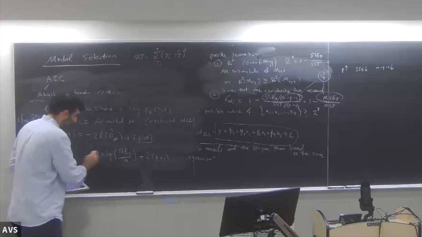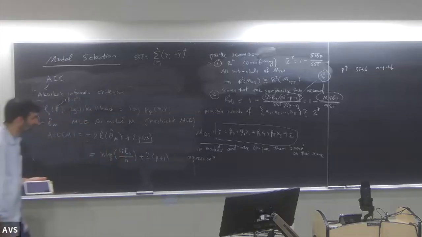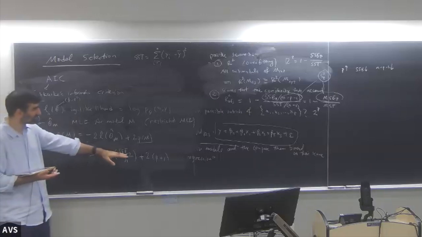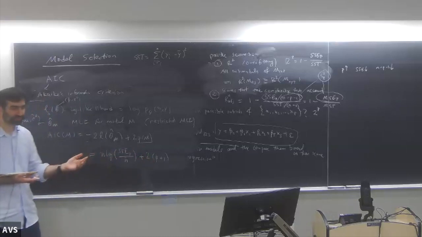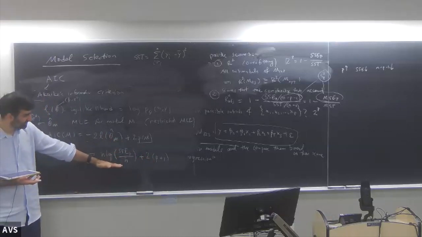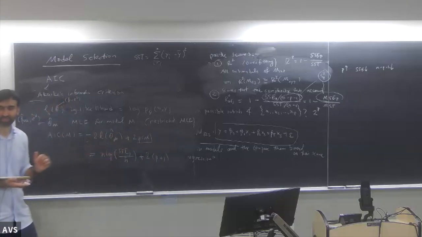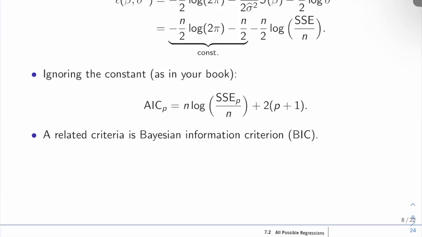You want to minimize the AIC, so you want this to be smaller. It's smaller if SSE is smaller or the number of parameters is smaller. As you increase the number of parameters, SSE goes down but the penalty goes up, and they balance the two out. So this gives you a general procedure.